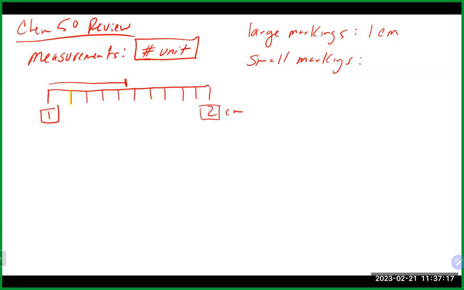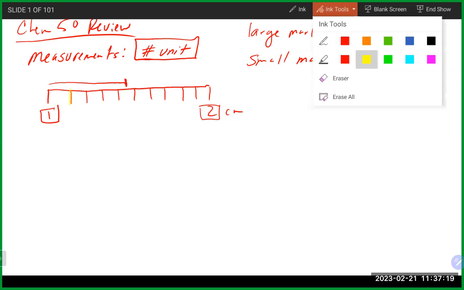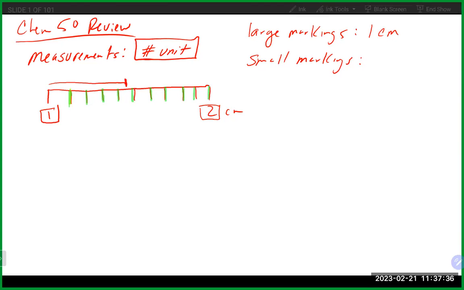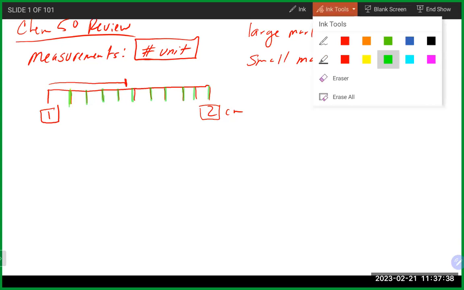Can't really see that on that screen. Let's go with that color, maybe. Maybe that'll pop. We usually start counting at the first marking past the last large one. So that'll be 1, 2, 3, 4, 5, 6, 7, 8, 9, and 10 markings. That means in this case, we have 10 markings in between.